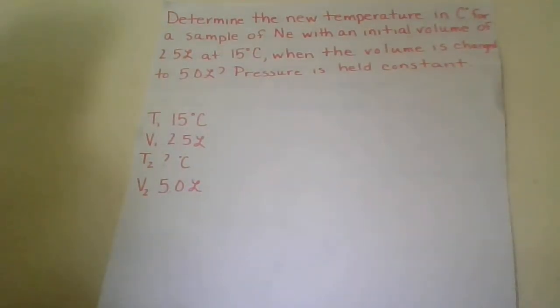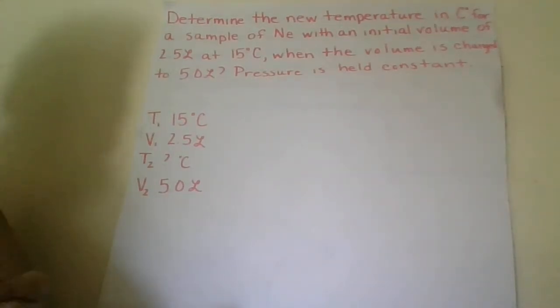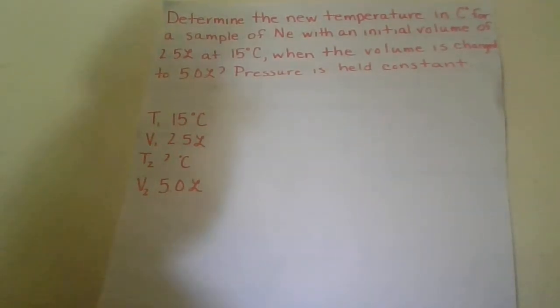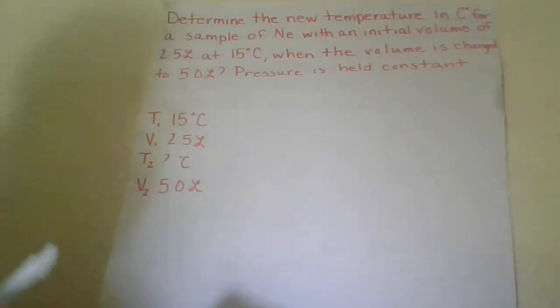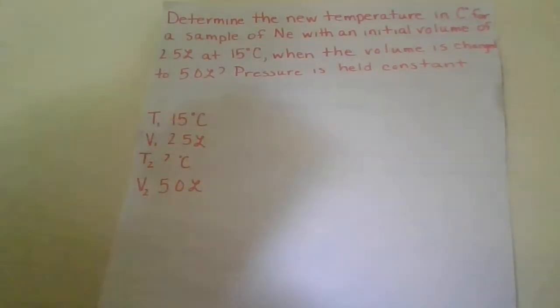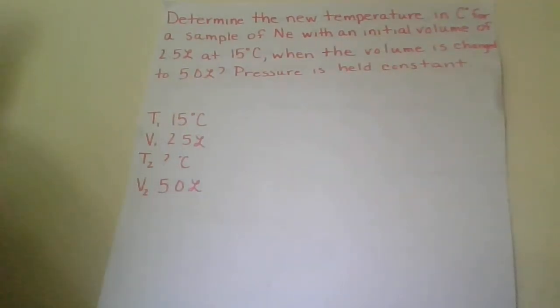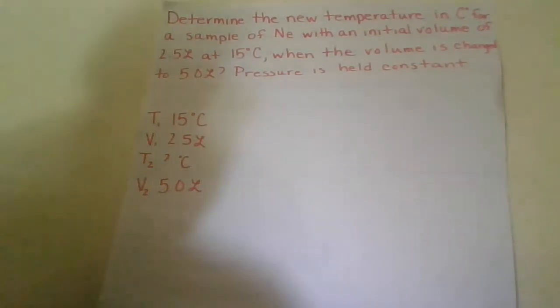Yet again, we are given 3 of the 4 variables that we're actually needing to work with here. So we need to take a look and see what they gave us. So we need to know what formula. Well, let's talk about it.